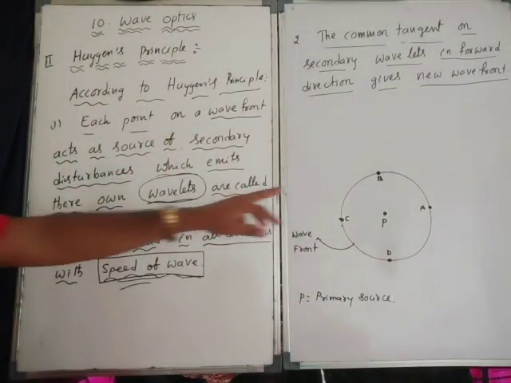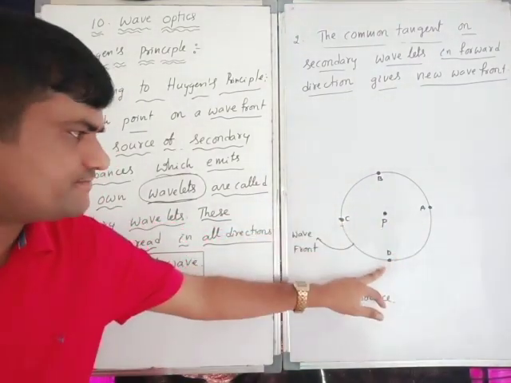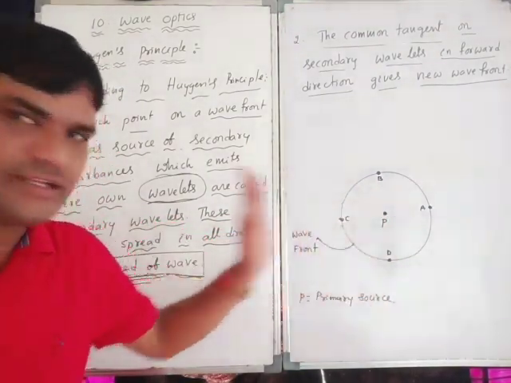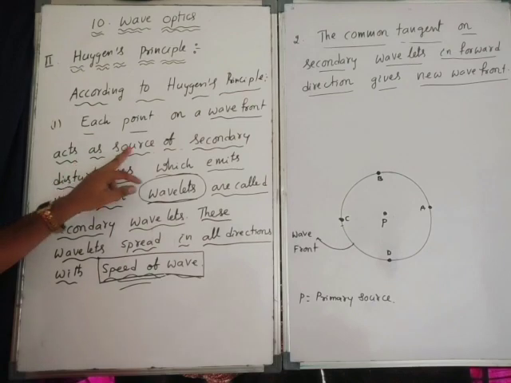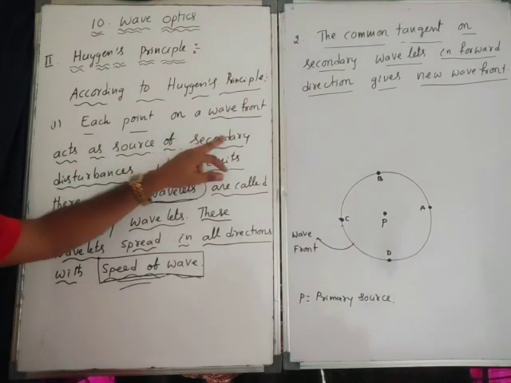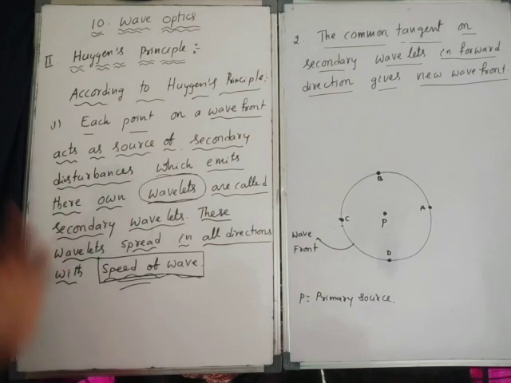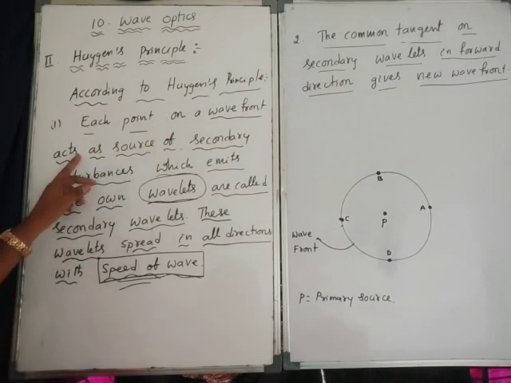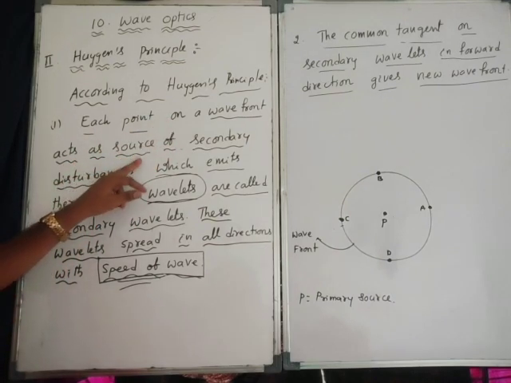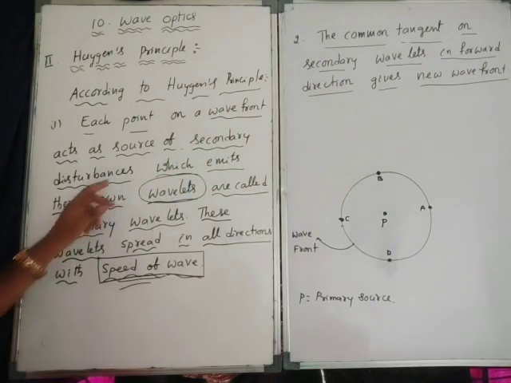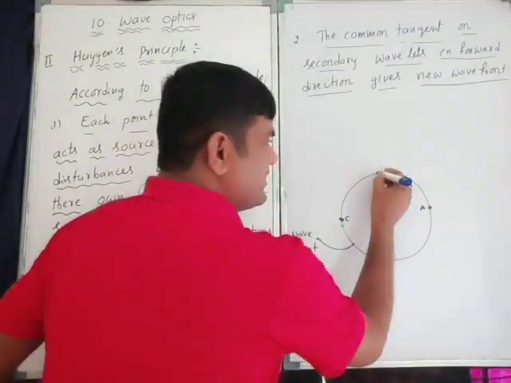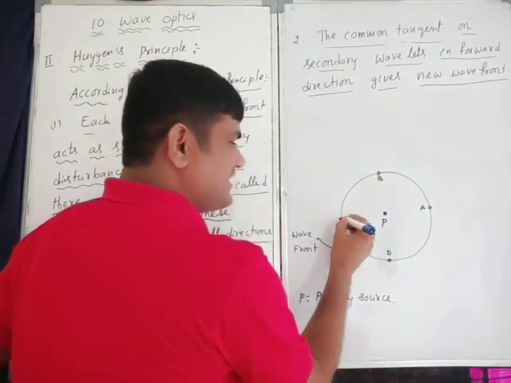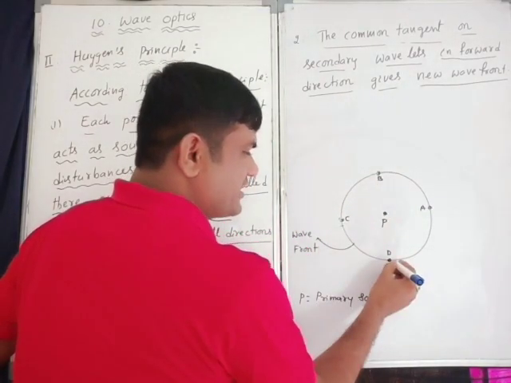Next, these points A, B, C, D act as sources of secondary disturbance. That means the A point is a secondary disturbance, B is a secondary disturbance, C also, D also.